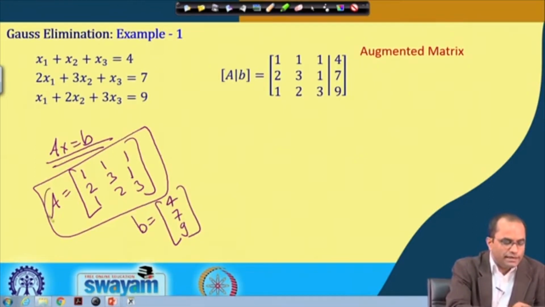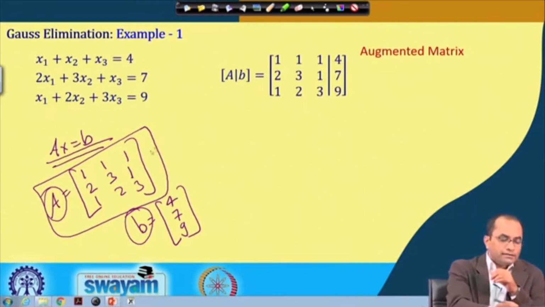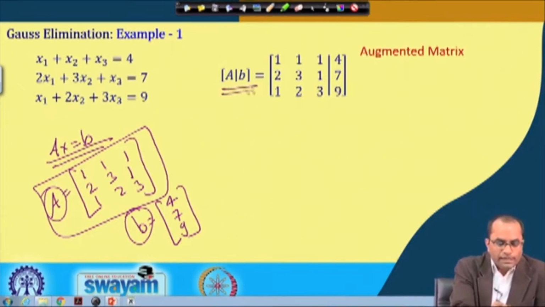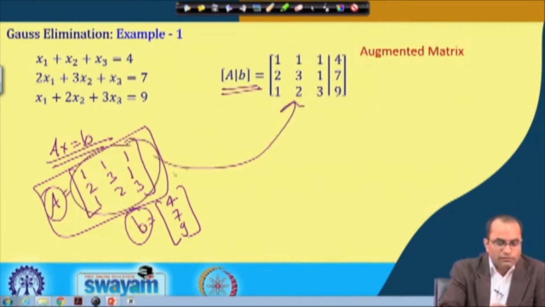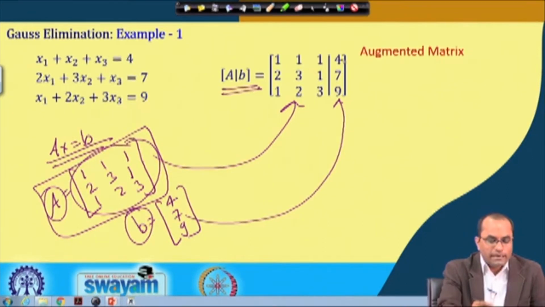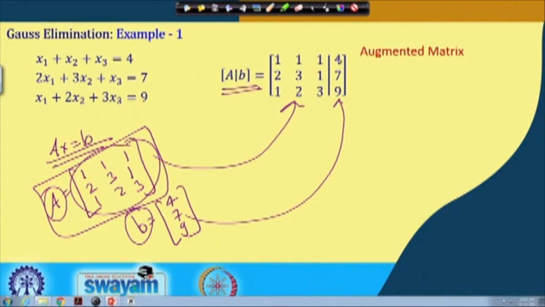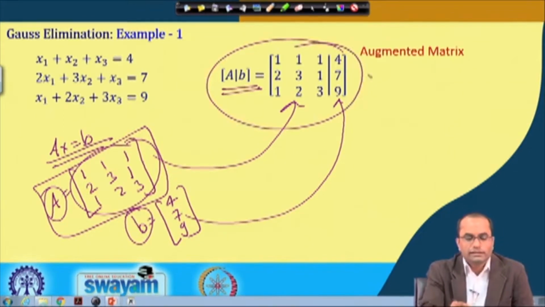These two, the matrix A and the vector B, basically have all the information of the given system of equations. In the augmented matrix, we collect this A here, precisely 1 1 1, 2 3 1 and 1 2 3, and this B we have augmented here as an extra column, the 4, 7 and 9. This matrix we call the augmented matrix.